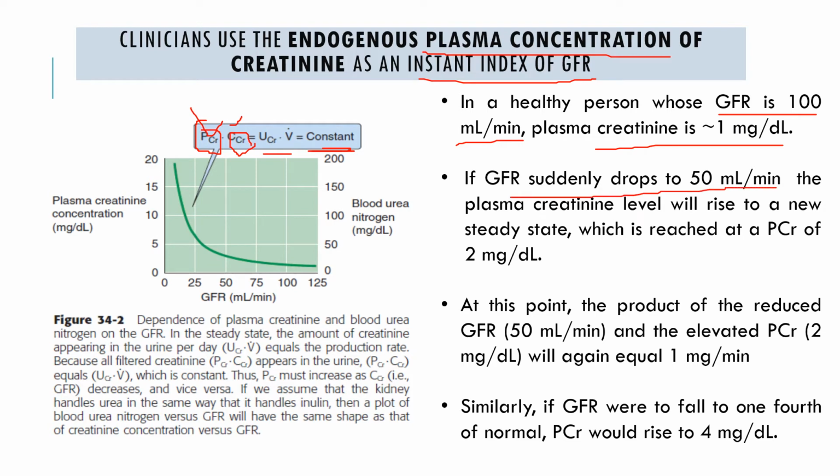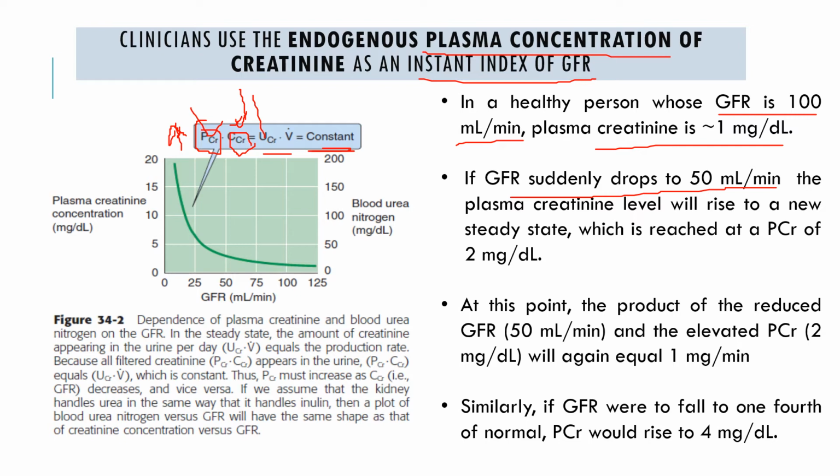Now if the patient is suffering from renal disease and the GFR suddenly drops to 50 ml per minute, this factor has been reduced to half, from 100 ml to 50 ml. So in order to keep the excretion constant, naturally the plasma concentration of creatinine should be high. If it is reduced to half, from 100 to 50, we must double the plasma concentration.